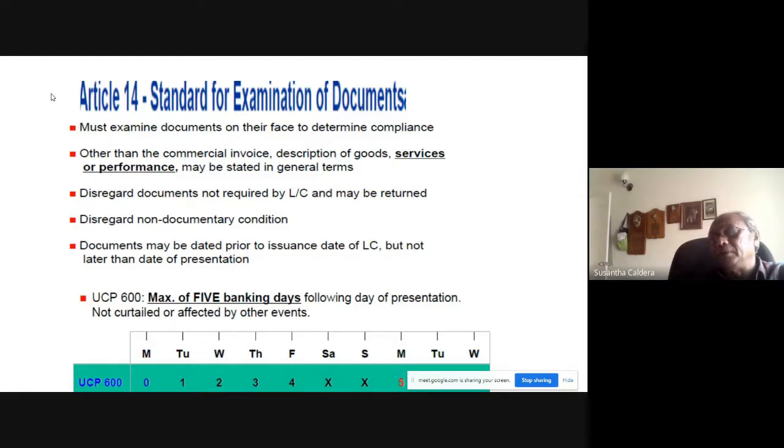Let's say, shipping documents to be dispatched to the issuing bank within 5 days from the date of shipment or onboard date.